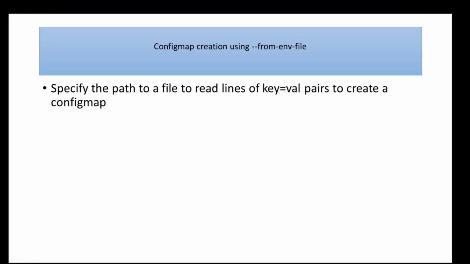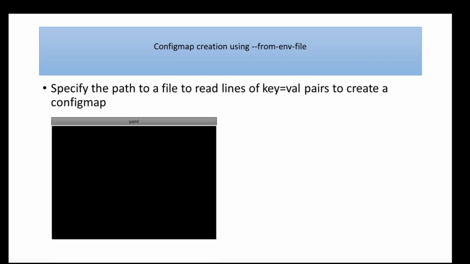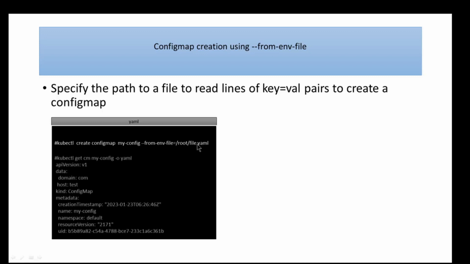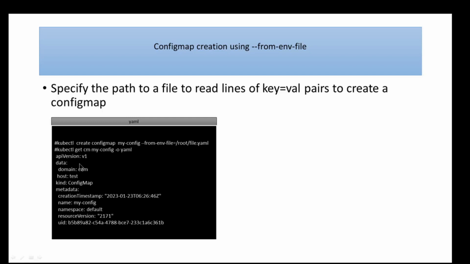Now we'll see how to create a config map using from-env-file. Specify a path to the file to read key value pairs to create a config map. Let's see an example. Use the same command, but you have to use from-env-file, and wherever you keep the file, you give the file information. When you give the file information, it will create the same as what we created earlier, domain and host test.